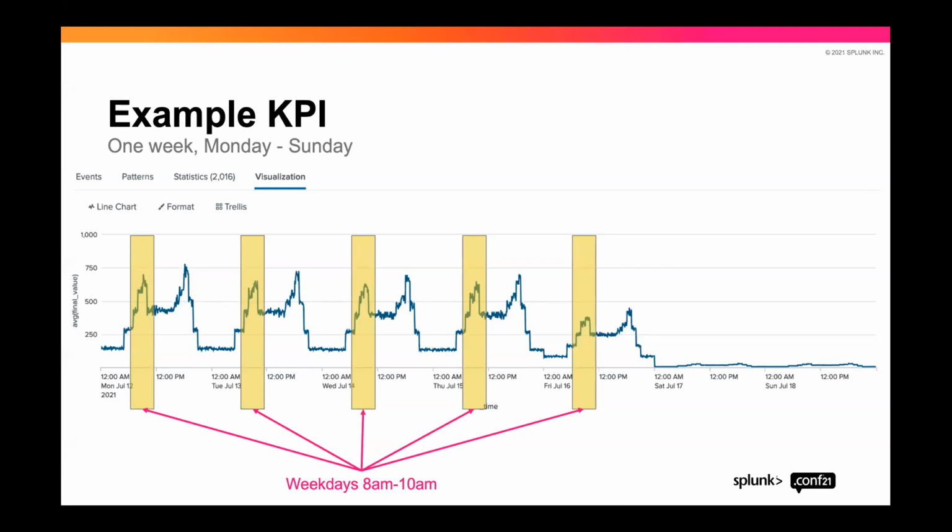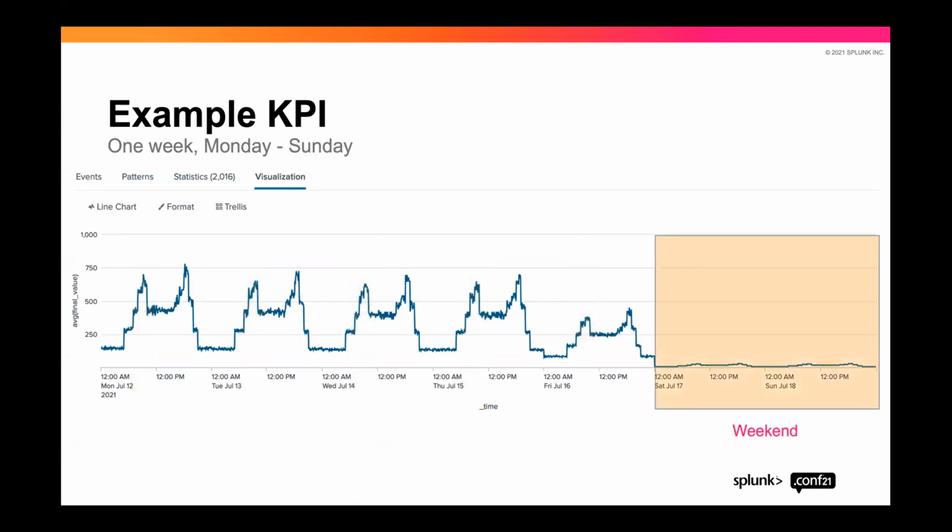So in this case, what we do is we'd make a time policy called weekdays, 8 a.m. to 10 a.m. Okay, and that would be our first time policy for this particular KPI. And then we'd say, okay, well, obviously it's pretty easy to see that we have another period of time as a completely different set of values for this KPI, and that's the weekend.